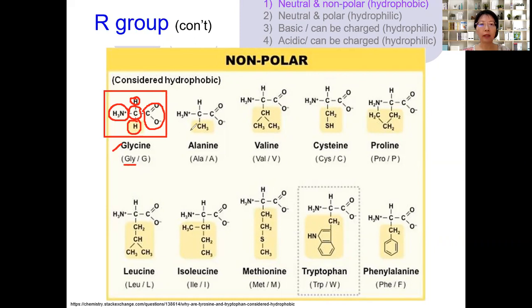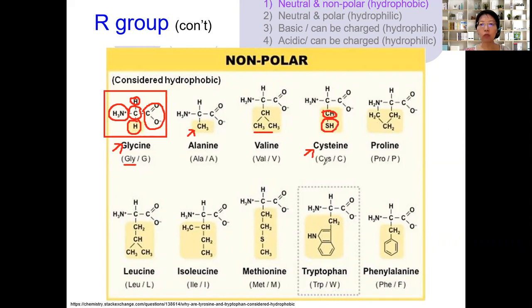Now, the rest of them, you can see, this is also a hydrocarbon. This is a hydrocarbon with SH. Okay, so these two you need to remember. Glycine is an amino acid where the R group is an H. So this is the smallest R group, which is made of H. Cysteine has an R group made up of SH.